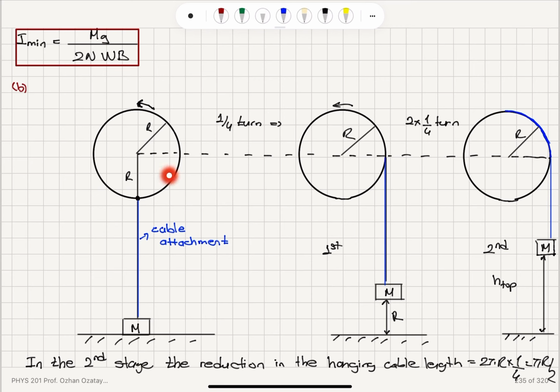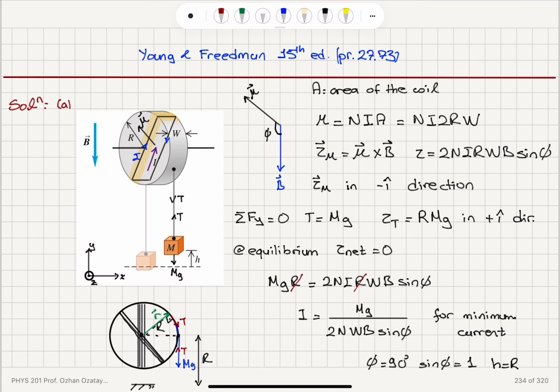If I allow the cylinder starting from h equals to 0 to have a half turn, so if there's a quarter of a turn here, I'm going to reach h is equal to r. You can see that from this figure. So basically it's turning with it. There's no wrapping until I reach h is equal to r.